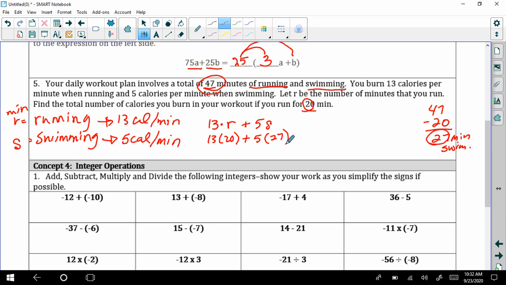And now I should be able to simplify that and get my values. So 13 times 20 is 260 plus 5 times 27 is 135. Add those together and I have a total calories of 395 calories.